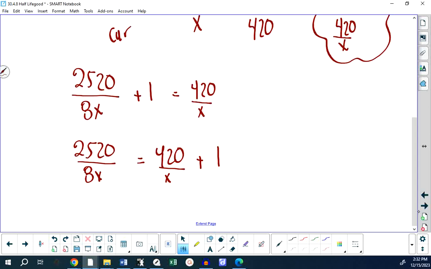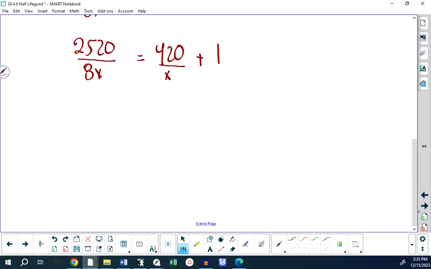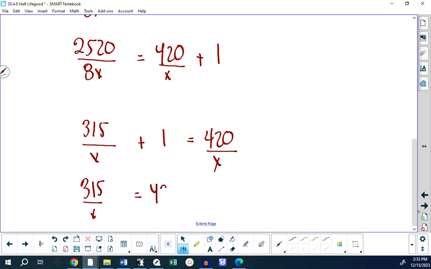Okay? If you want to think purely mathematical, let's rewrite this as 315 over x. I'm going to write my two options again. Now this first method of deciding which it is only going to work because they both have x in the denominator.